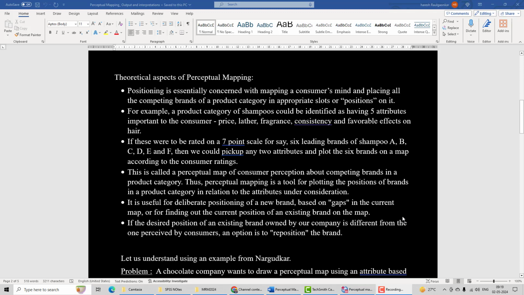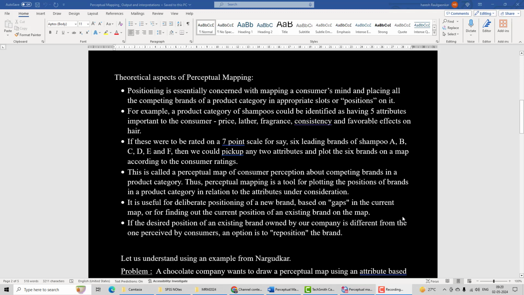It is useful for deliberate positioning of a new brand based on the gaps in the current map, or for finding out the current position of an existing brand on the map, and based on the desired position of an existing brand owned by our company, if it is different from what the consumers are perceiving, then we can plan for a repositioning.